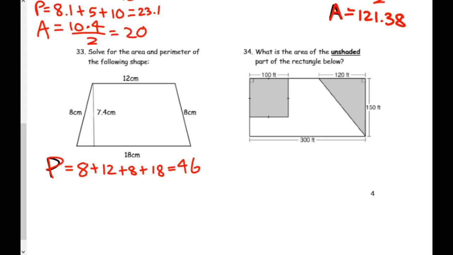Okay, and the area is just base times height. 18 times 7.4. No, that's not true. Hold on. For a trapezoid, if we look at our formula chart, 1/2 base 1 plus base 2 times the height.